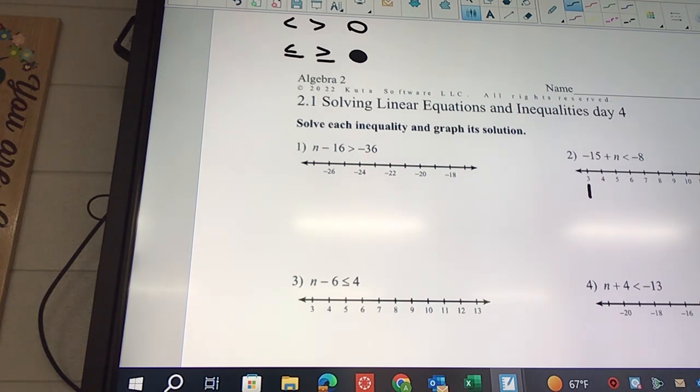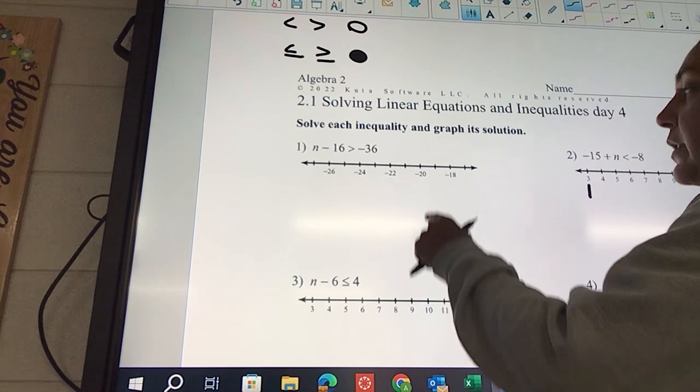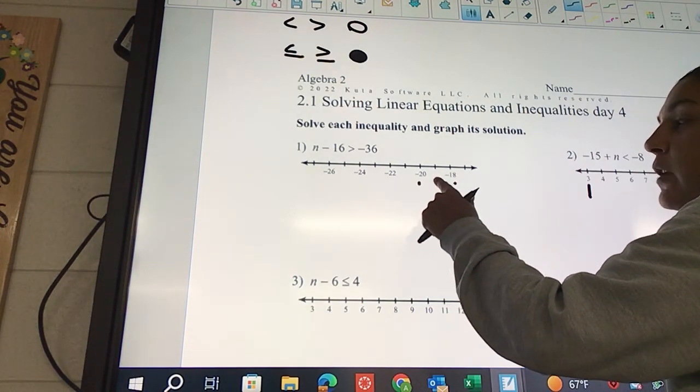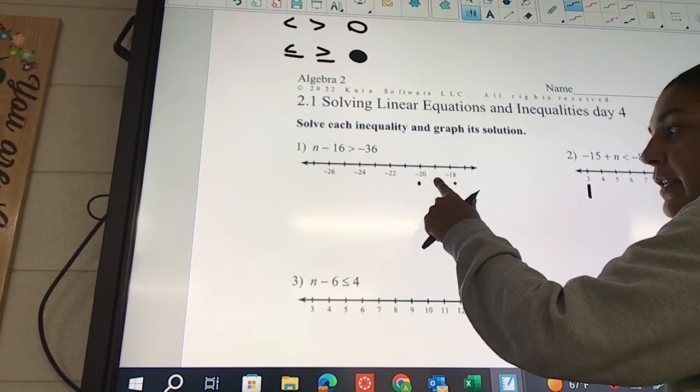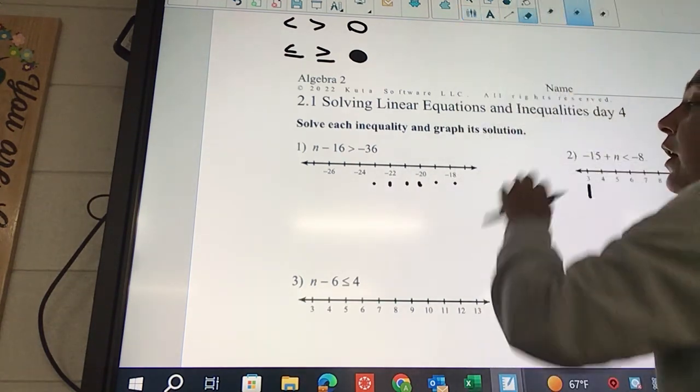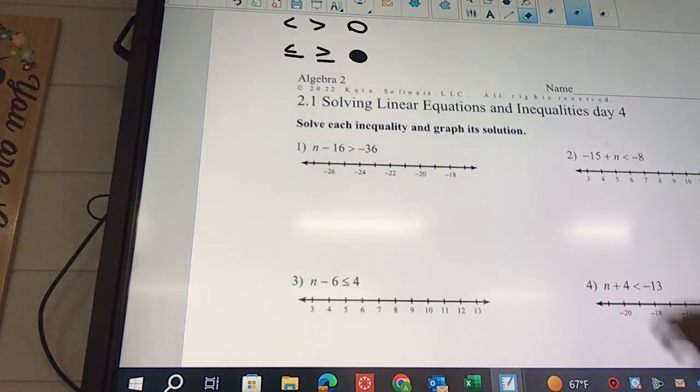If it's not on your graph, then it's not right. And then some of these do skip too. So if this is 18 and this is 20, what does this one have to be? 19. So 20, 21, 22, 23. Make sure that you're looking at those 2 things when we're doing these today.